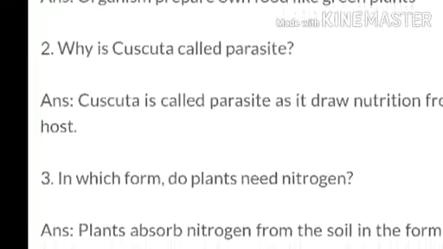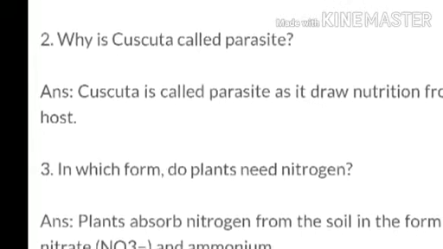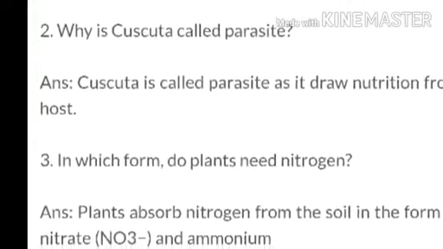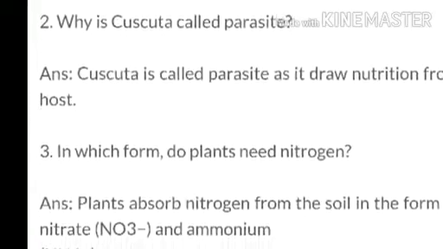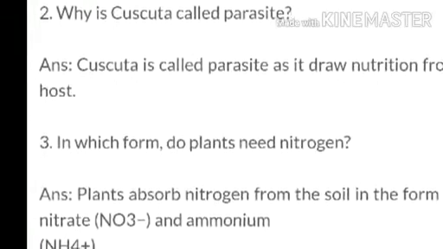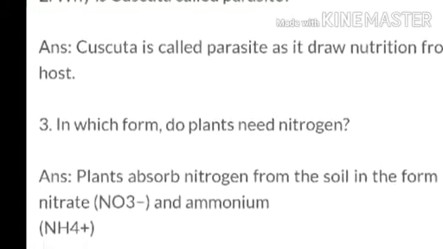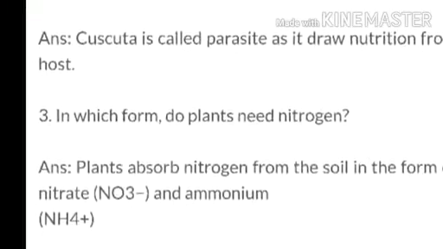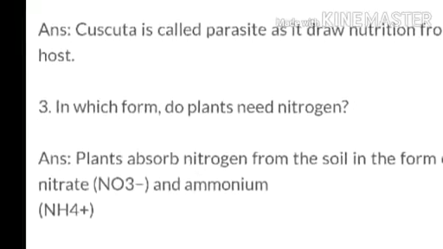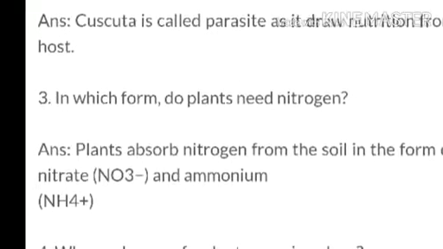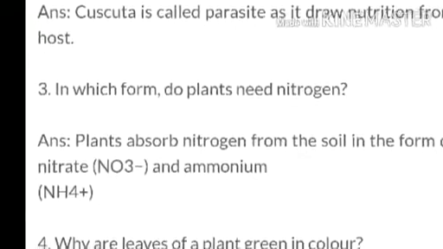Now third question, in which form do plants need nitrogen? Plants absorb nitrogen from the soil in the form of nitrate, NO3 negative, and ammonium, NH4 positive. So you must write it in your fair copies.